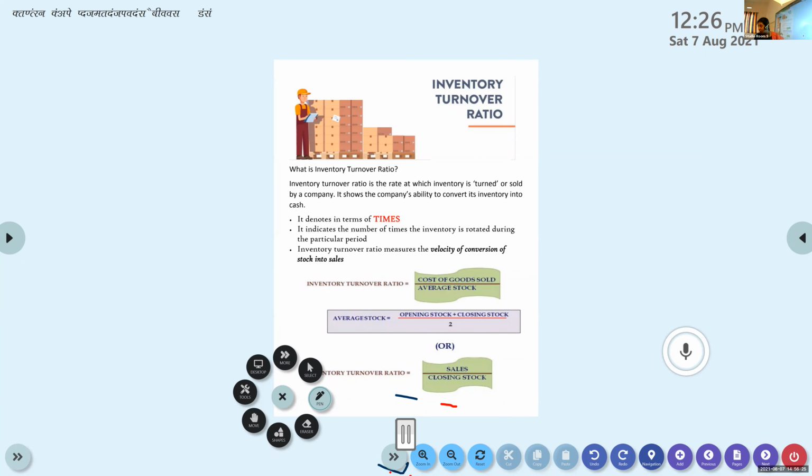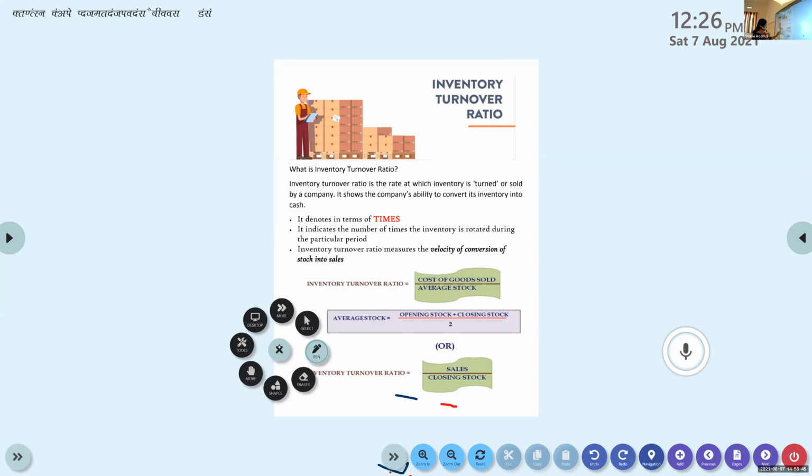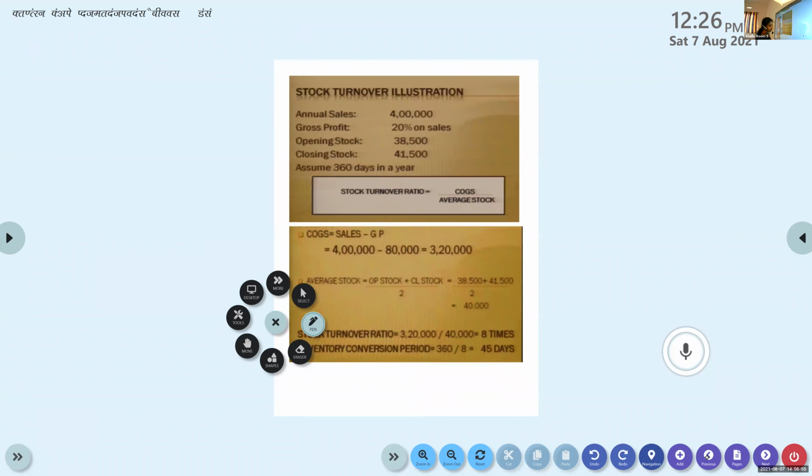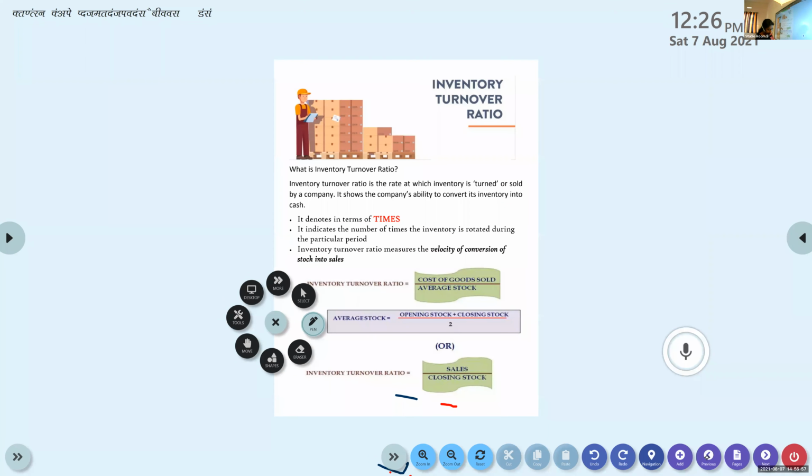Now, based on the credit side information, you can find COGS as total sales minus gross profit. So this is how we find out COGS.